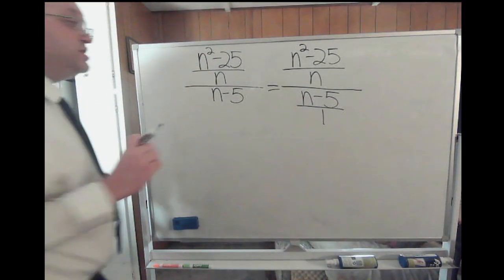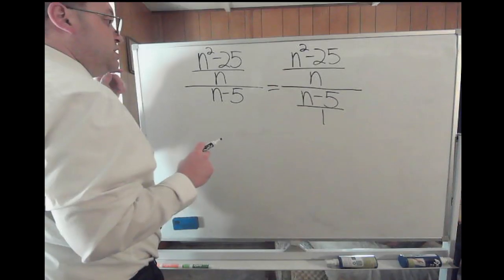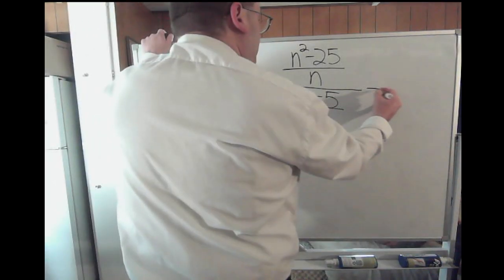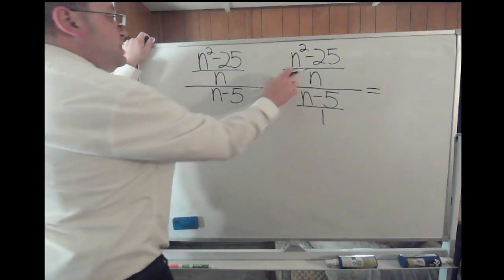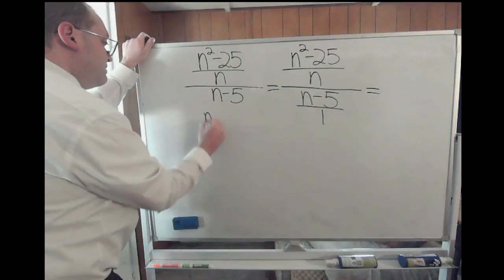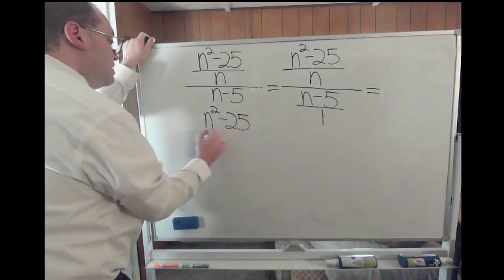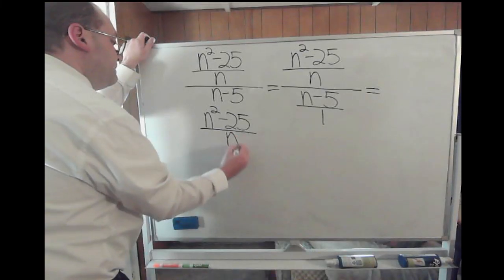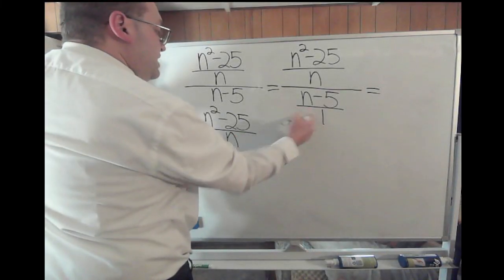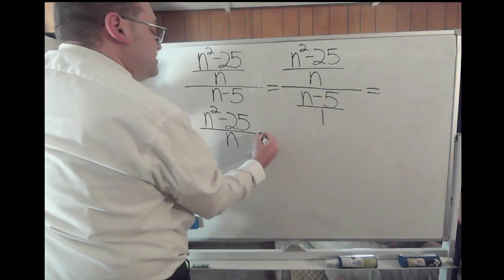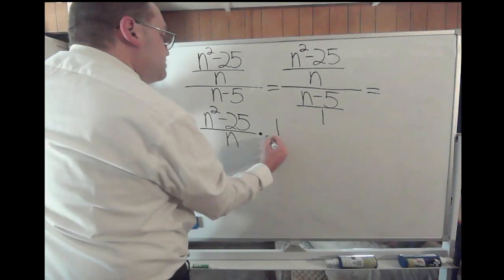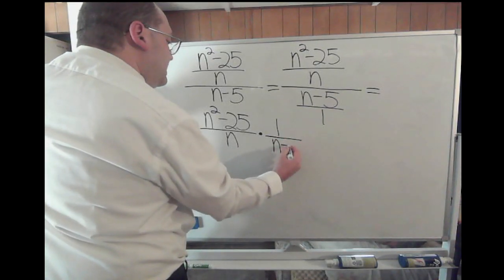First thing I would do, let's go ahead and invert and multiply. You'll still have your n squared minus 25 all over n, but you're going to invert and multiply the fraction in the denominator. You would have times 1 over n minus 5.